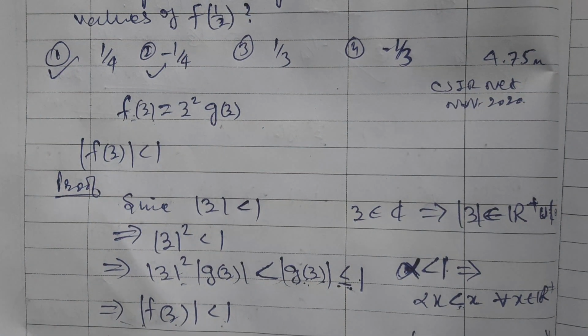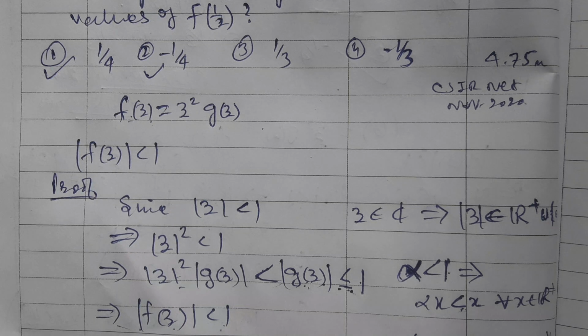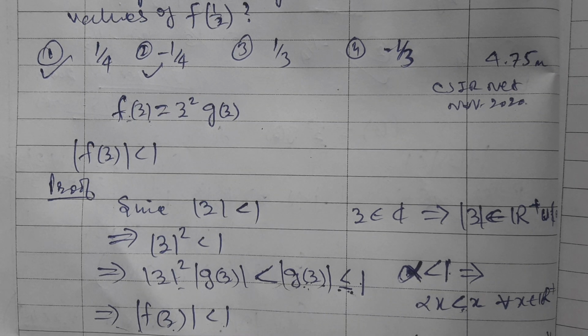I have not used any lemmas or theorems, just the basic concept of the order of zeros. Since the value of the function at 0 is 0 and its derivative's value at 0 is 0, clearly the function must have a zero of order at least 2 at the point 0.